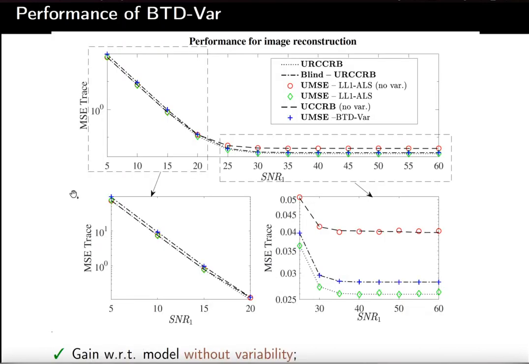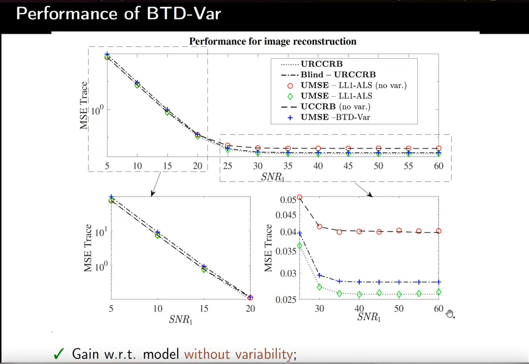So for some results, here is what I computed. I was interested in performance for image reconstruction, and I considered the state-of-the-art algorithm, LL1 ALS, that does not account for variability, and also the proposed approach, which is BTD-Var. I compared them with the standard tool, the constrained Cramer-Rao bound, and the new RCCRB that accounts for the variability phenomenon.